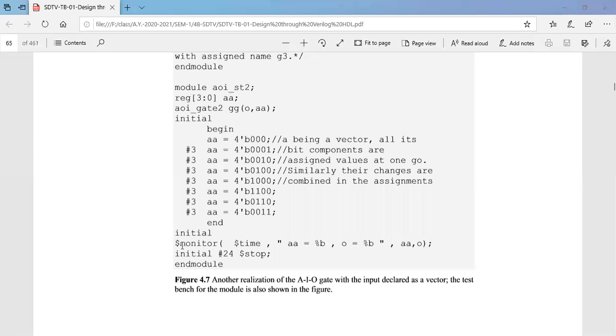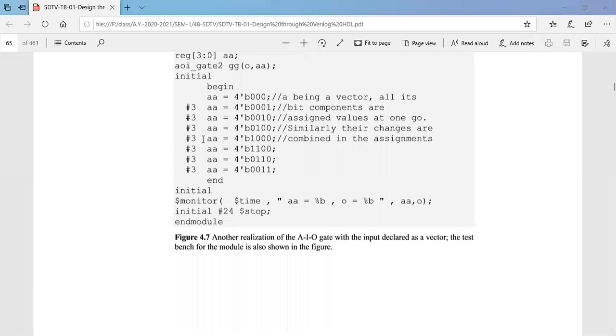You monitor with respect to time the values of A, which is a binary value, and the output, also a binary value. This is just like scanf and printf in our C language. Those values will be assigned to A and O respectively.